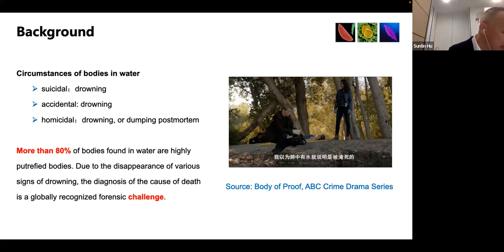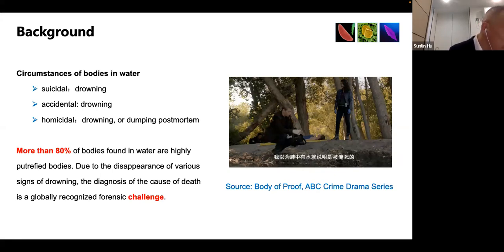One of the foremost tasks for forensic doctors when facing a body recovered from the water is to determine the cause of death. For a fresh drowned body, there are various signs, such as foam from the nose and lung edema.